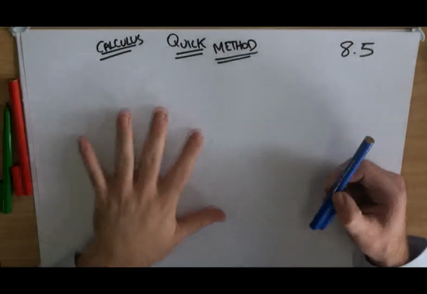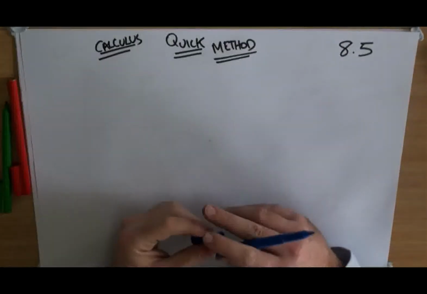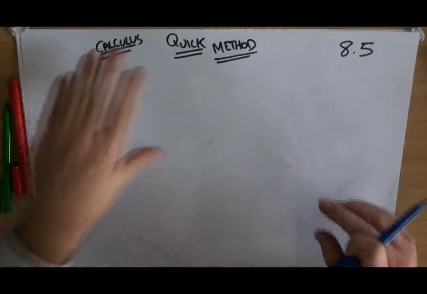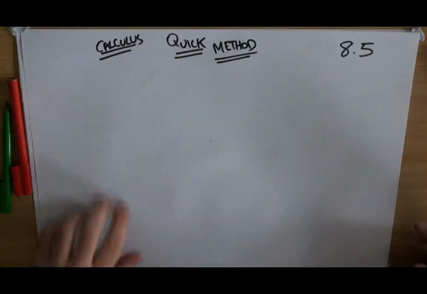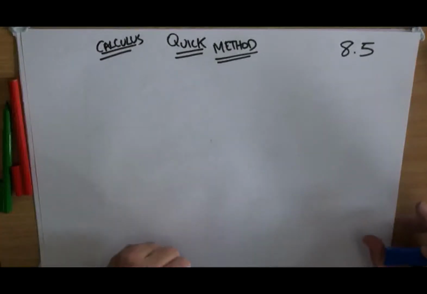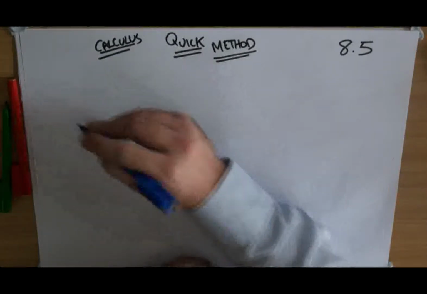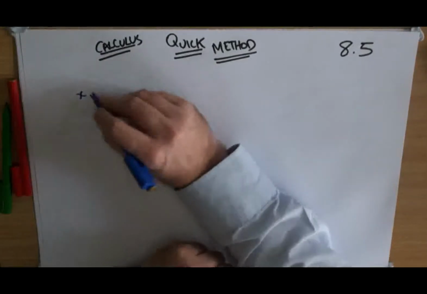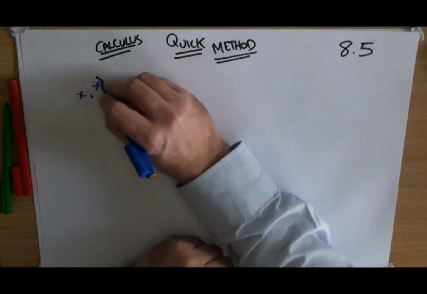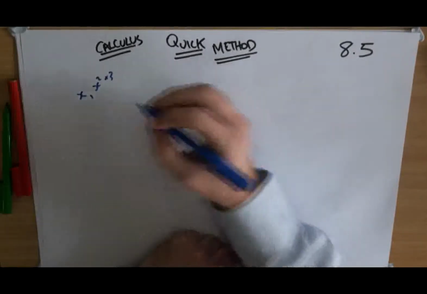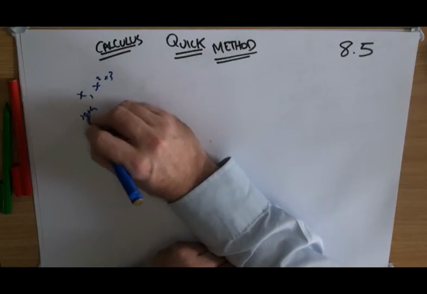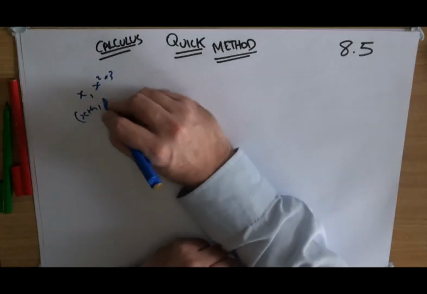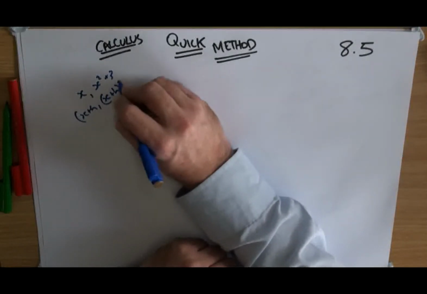Okay, so there's actually a much faster method to get to the same answer as what we did in our previous calculus from first principles unit. Previously we got the point x and the point x squared plus 3, or whatever, depending on what our curve is, and then we did x plus h, so we turned that x into x plus h.